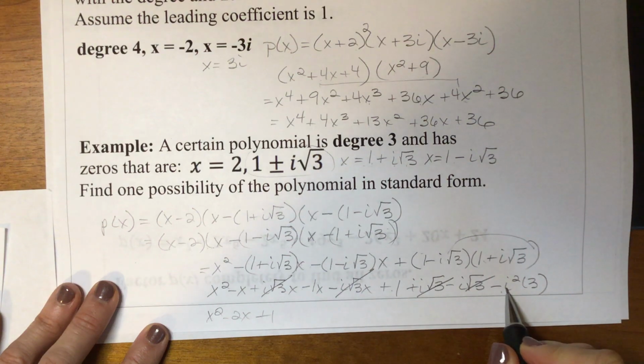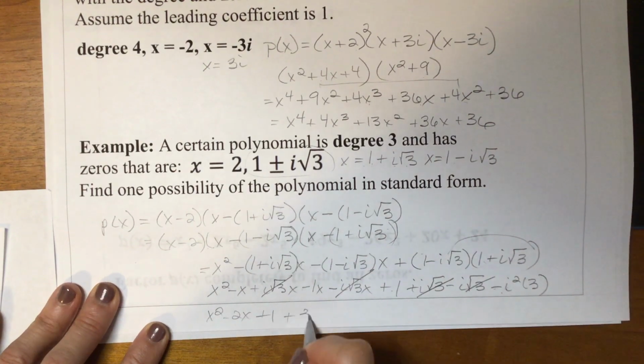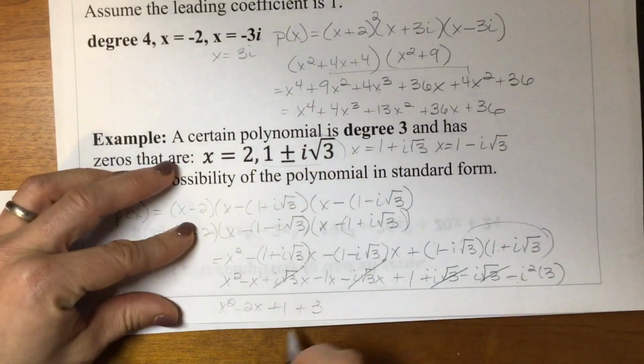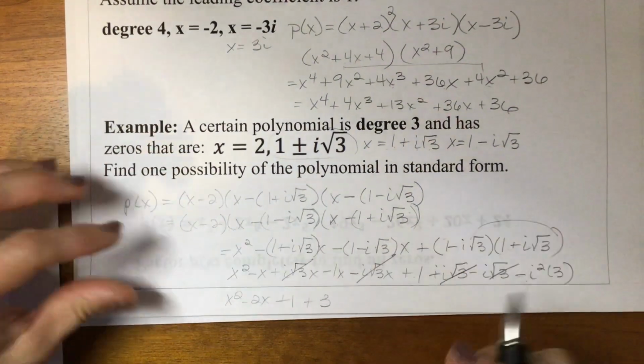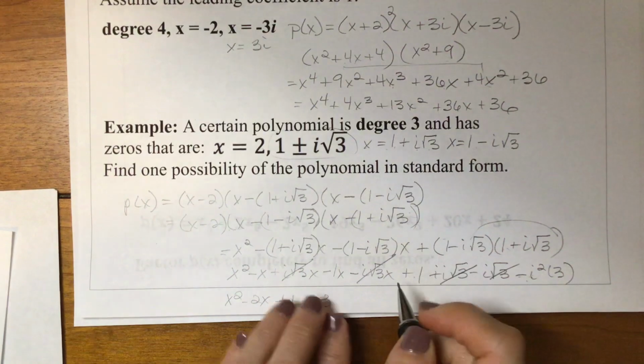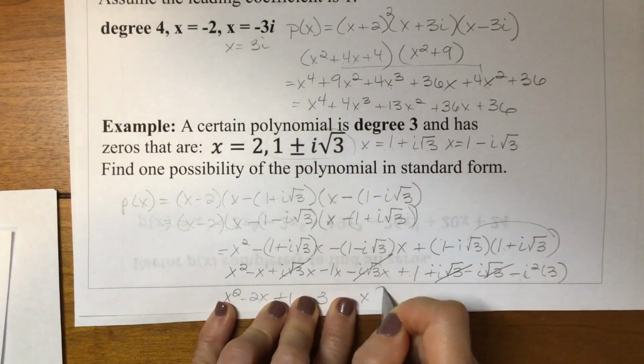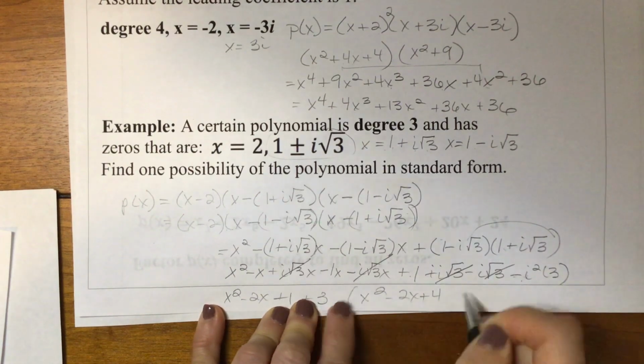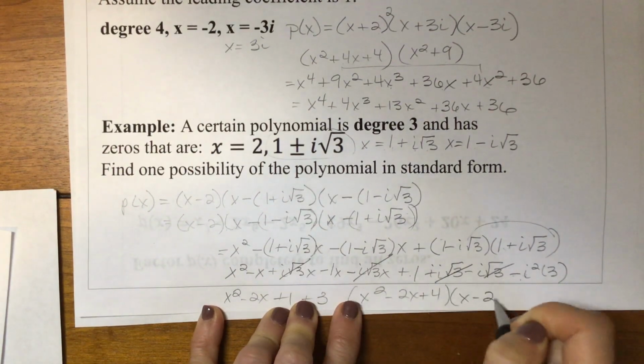Remember, i squared is negative 1. So if we're subtracting a negative 1, that's going to be a positive 1 times 3, so plus 3. And I end up getting this as just a quadratic that wasn't factorable. It ends up being x squared minus 2x plus 4. And that I'm going to multiply by x minus 2.